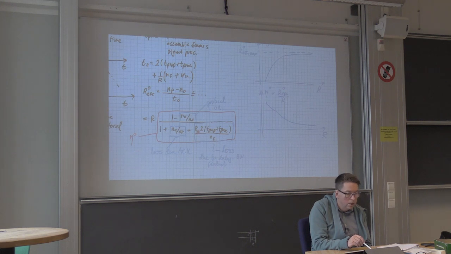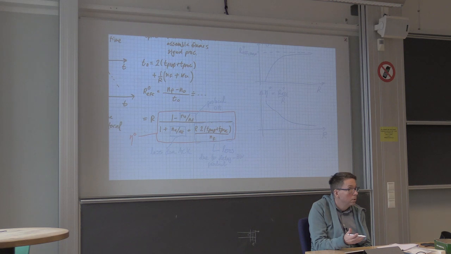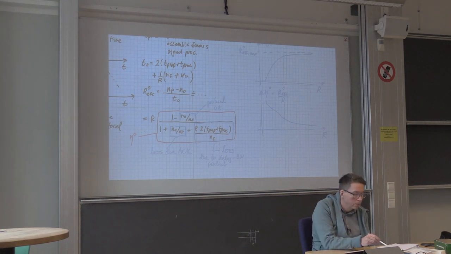When the numerator of this fraction is much larger than the denominator, this is large. And if this is large, then the effective rate or the efficiency is low. That should be clear.